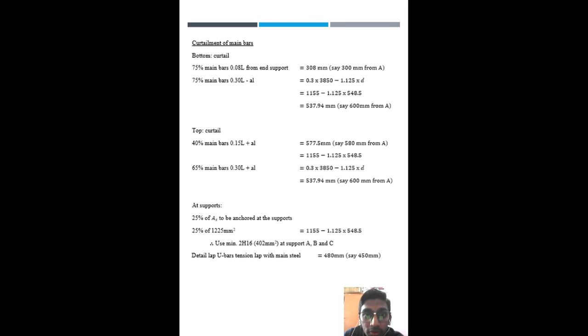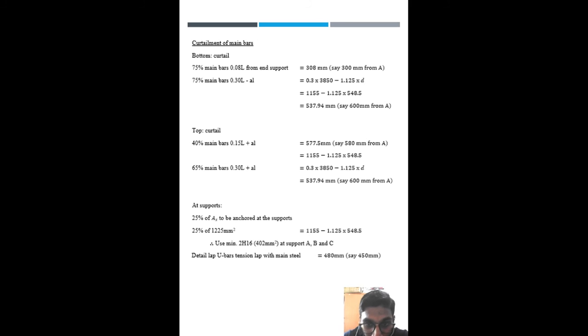Next, for the curtailment of main bar, for the bottom curtail we got 537.94 millimeter, and we assume 600 millimeter from A. For the top curtail, we got 537.94 millimeter, and we assume 600 millimeter from A.